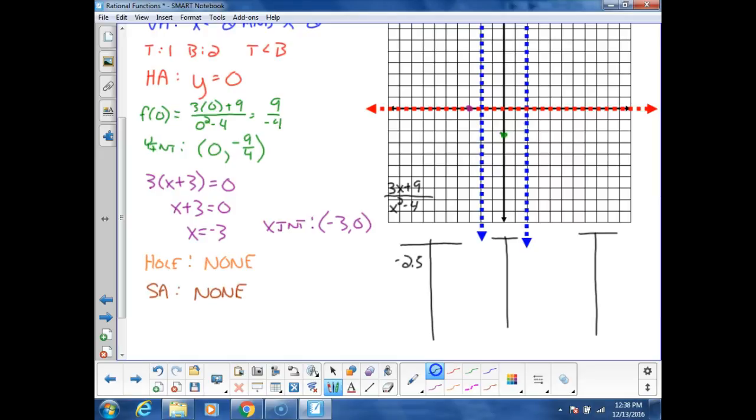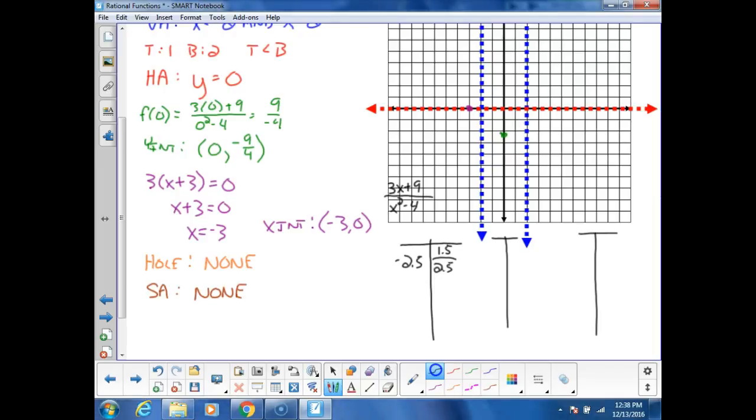If I put negative 2.5 times 3, that's negative 7.5, plus 9 is positive 1.5. Negative 2.5 squared is 6.25, minus 4 is positive 2.5.